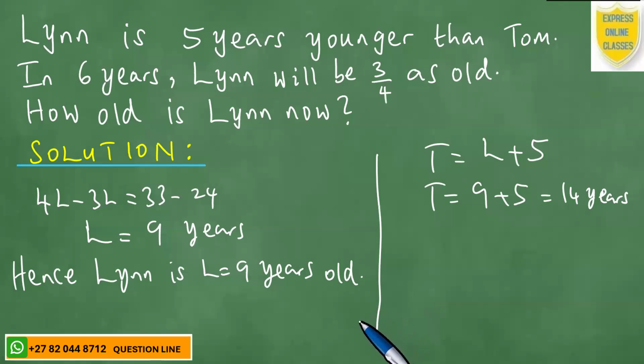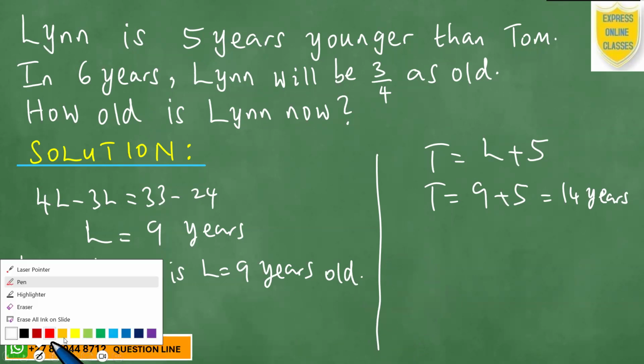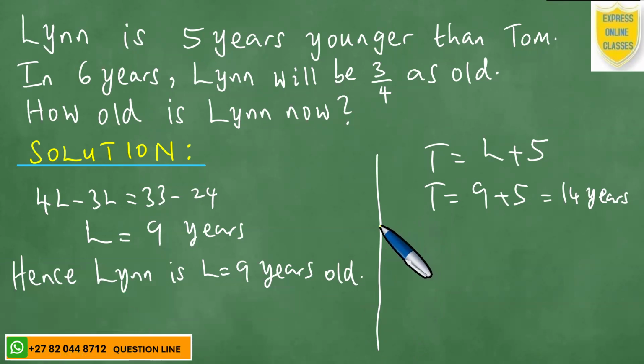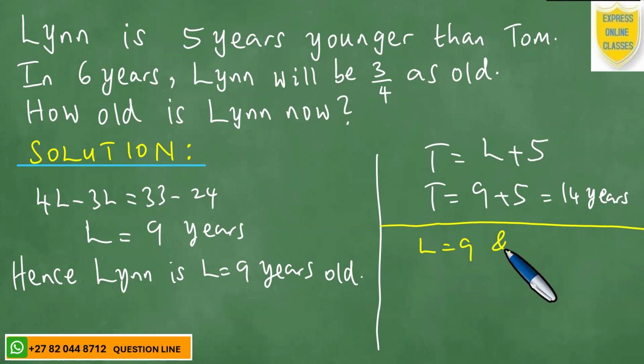Okay. And so now, is this correct? We need to analyze this. Does this make sense or not? If we say Lynn is 9 and Tom is 14, who is older, who is younger?